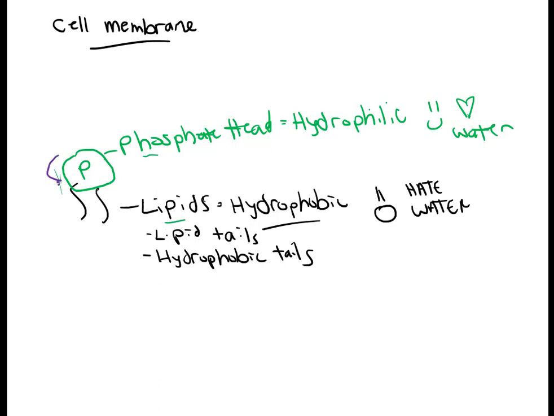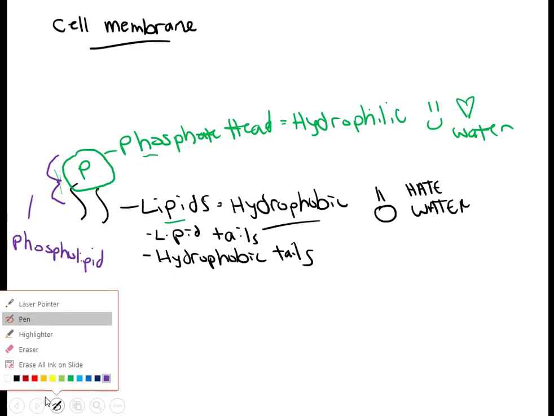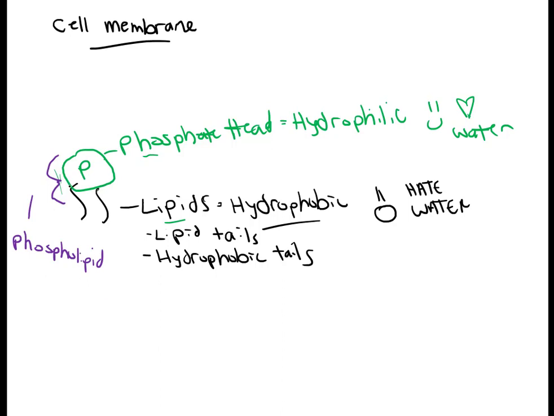Now these 2 things together, the lipid and the phosphate together, are called a phospholipid. In the cell membrane, one phospholipid will get very lonely, so it needs to pair up with another friend. So what's going to happen is another phospholipid is going to come in. This time, the 2 lipid tails, they're friends, so they're going to hang out together here in the middle, and the 2 phosphate heads are going to face the opposite ends.